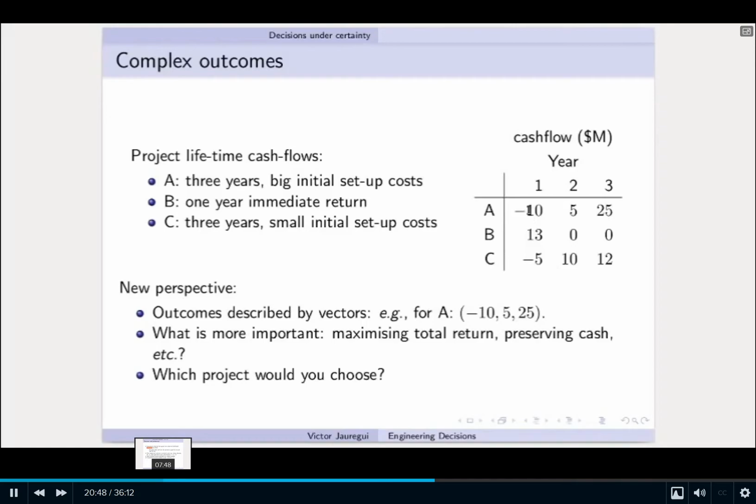For example, a $10,000 debt in the first year could potentially be a problem for some companies. Similarly, any debt, like C, might be an issue. So the question is, which profit would you choose?